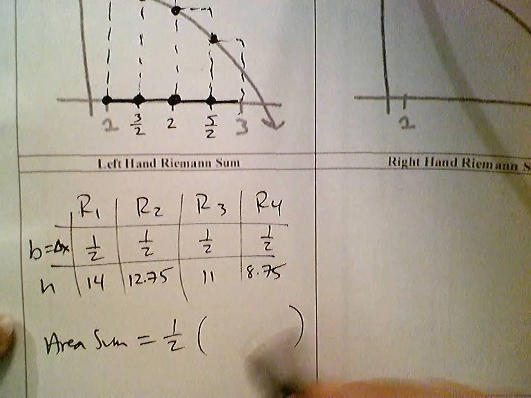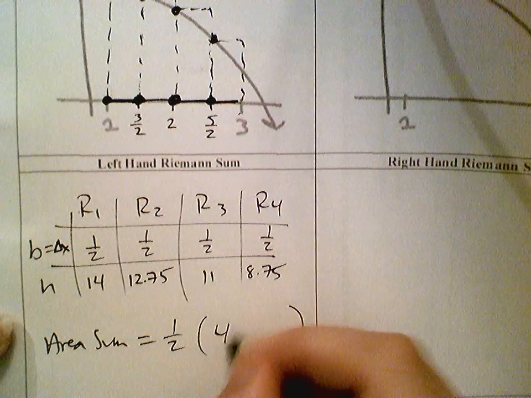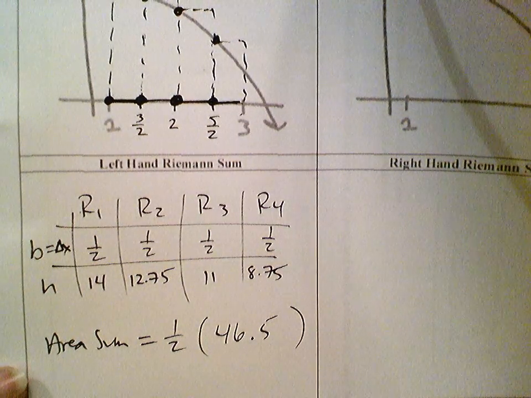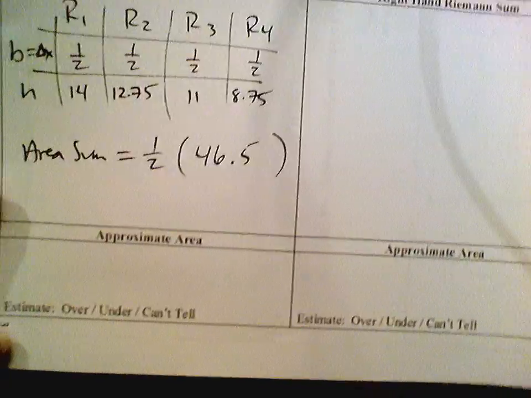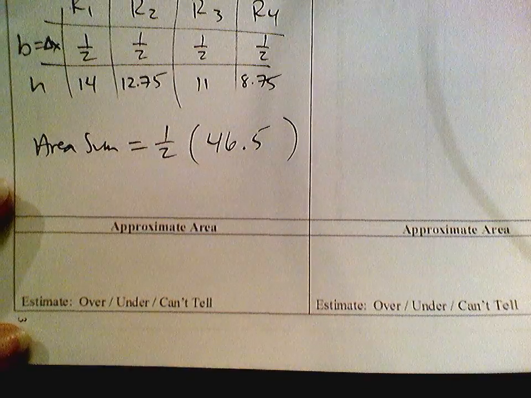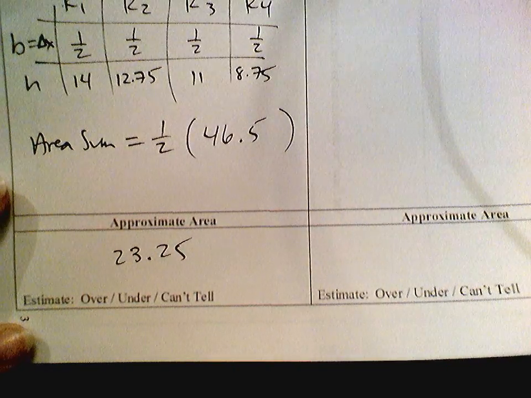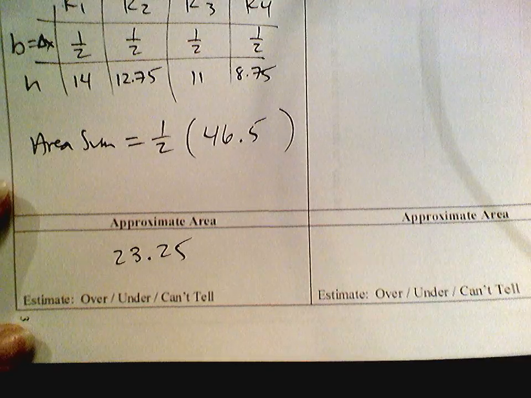If that doesn't make sense to you, just go a little slower, try the longer way. So it's going to be 1/2 times 46.5. Now down here we're going to state the approximate area, which is 1/2 times 46.5, which I've already done, is 23.25.